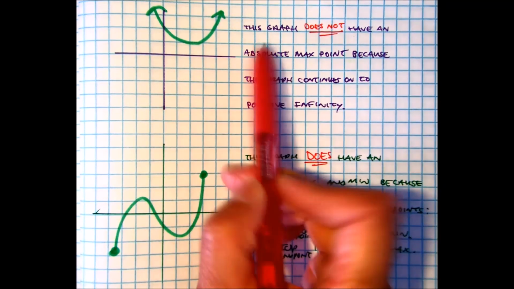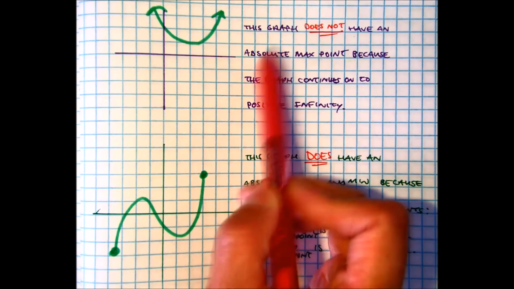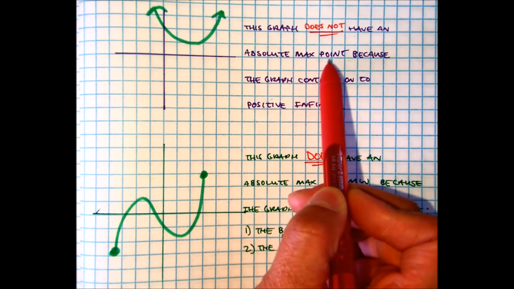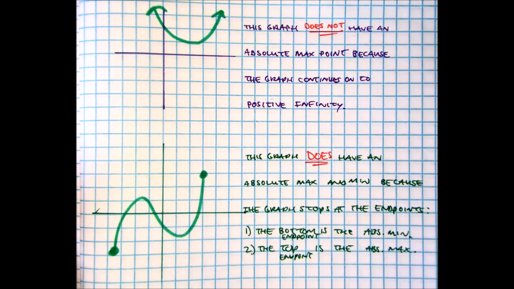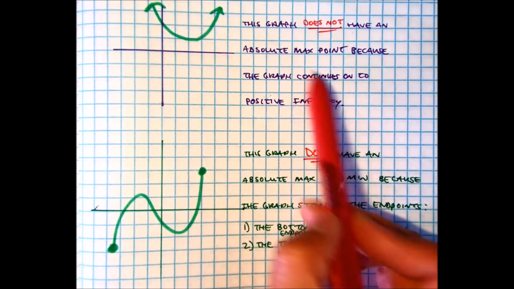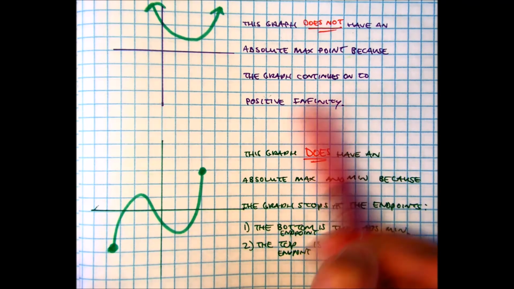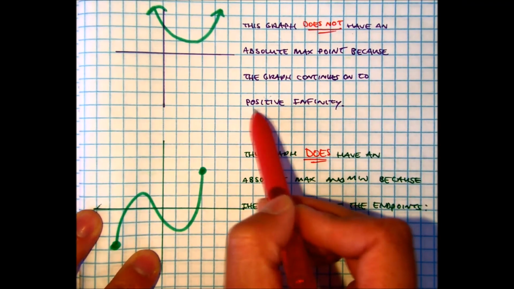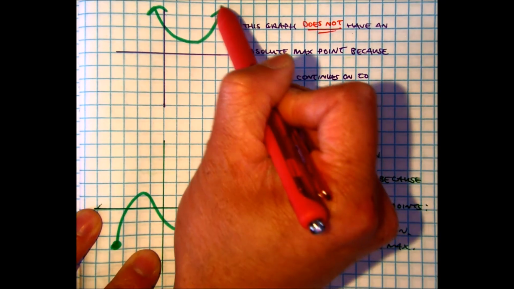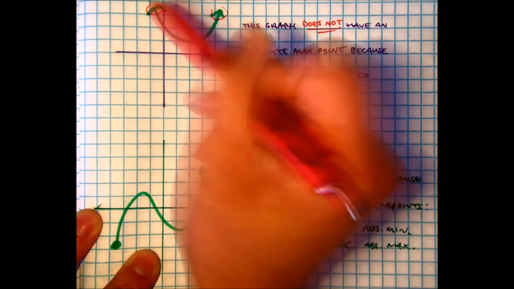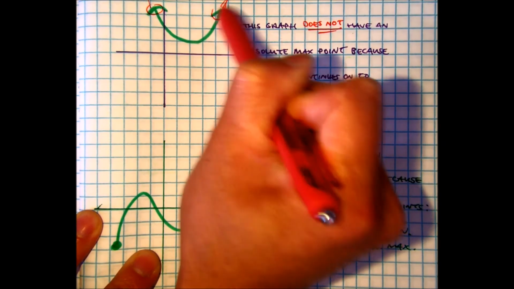Alright, this graph does not have an absolute maximum point. The reason why it doesn't have an absolute maximum point is because the graph continues on to positive infinity. How do I know it goes to positive infinity? Well, I see these arrows, and so the graph keeps going up.